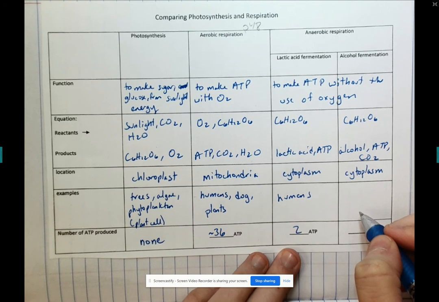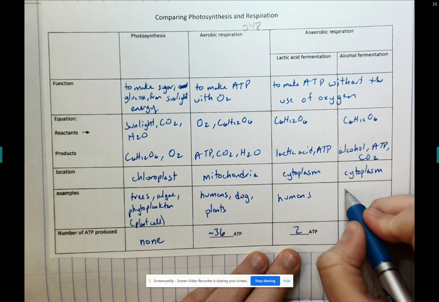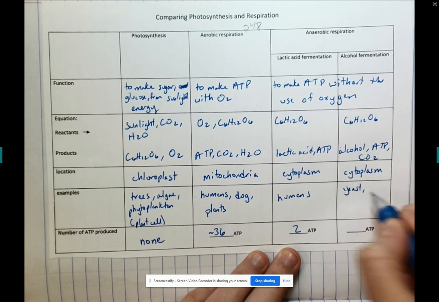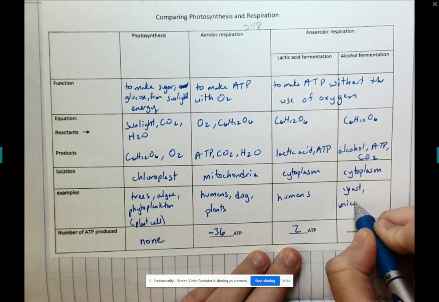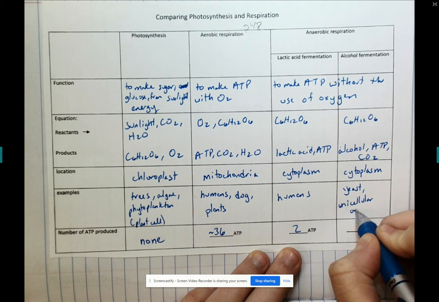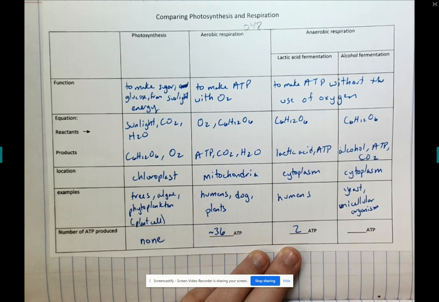Examples of organisms that perform alcoholic fermentation are going to be things like yeast or any other unicellular organism, like our bacteria.